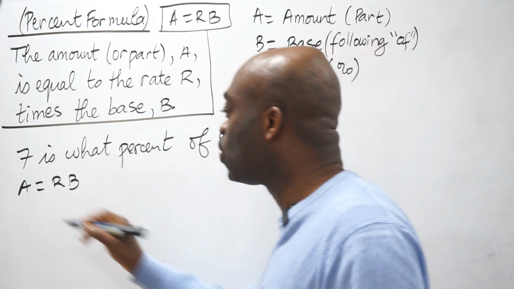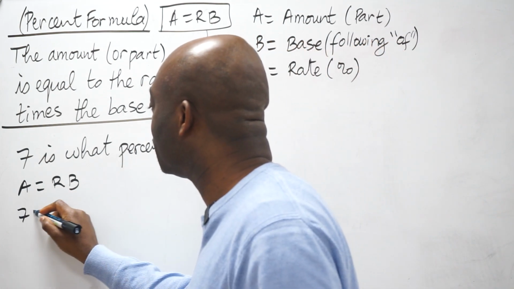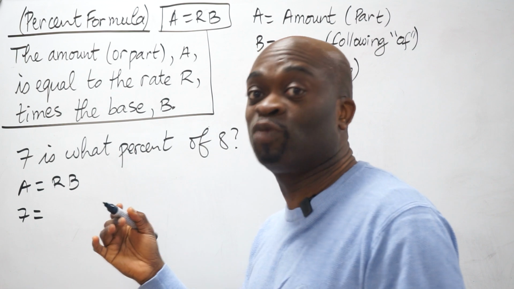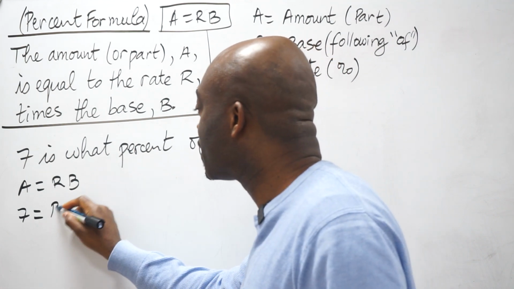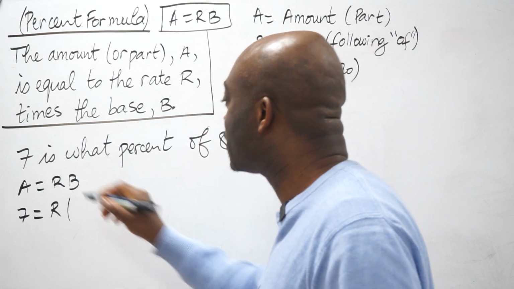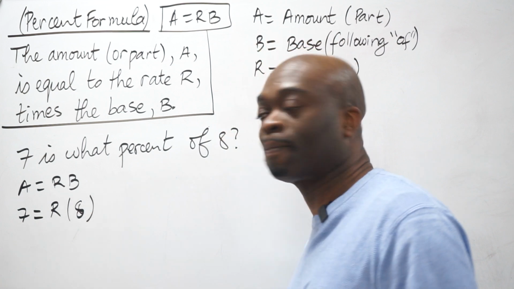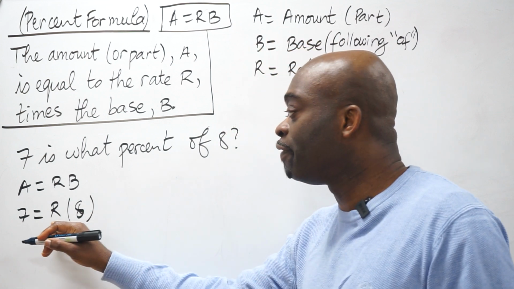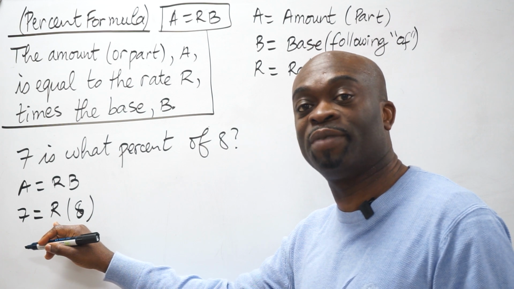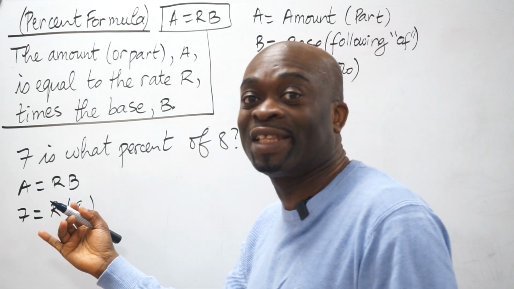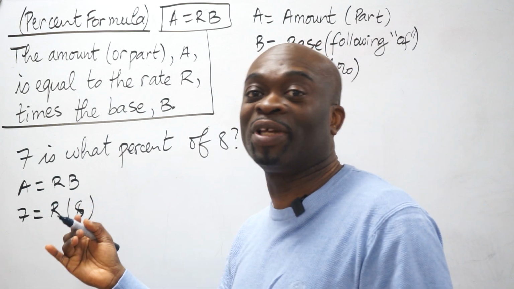So let's go for it. 7 equals the rate, which we don't know, R, times the base, which is 8. Now what are we solving for? The rate, which is the percent. That's why we learn how to do simple equations, guys.